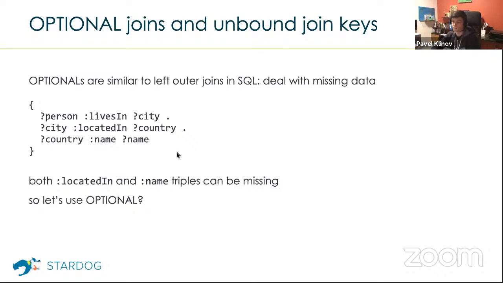So that's the query, which works great until we have to deal with a data set where both located in and named triples can be missing in the data. And this is where people start using optionals, because that's the main reason optionals are in the standard.